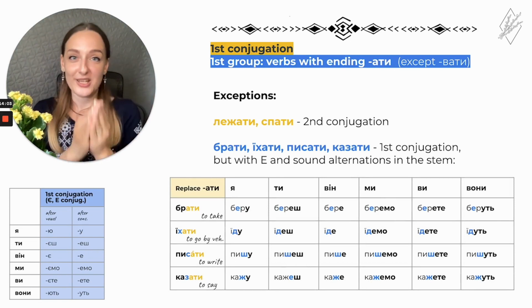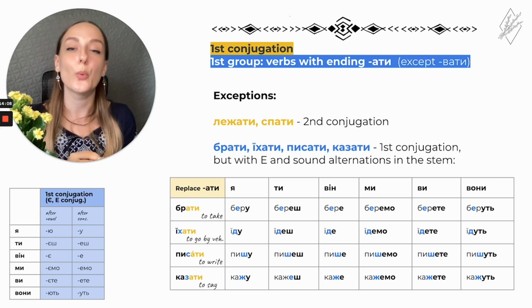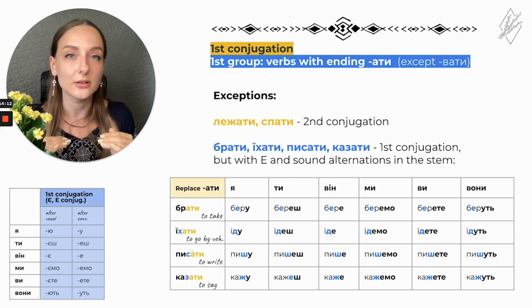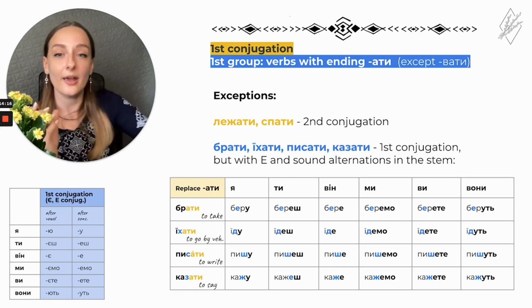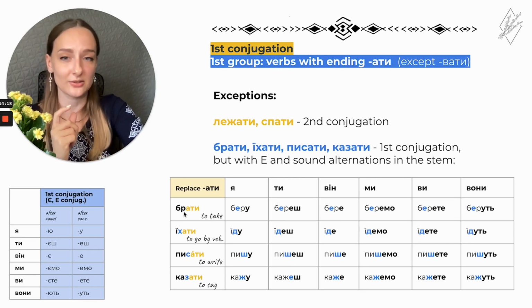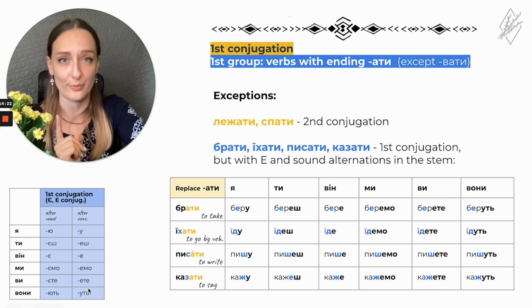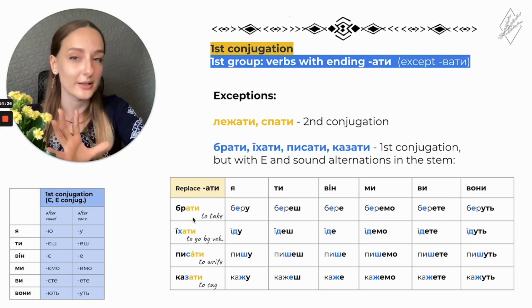First of all, for this set of verbs at A1 level, we need to drop not just the ending ти, but the whole part ати. And they all will have a consonant before ати. That is why we actually use е. But also you can see, let's take the verb брати.